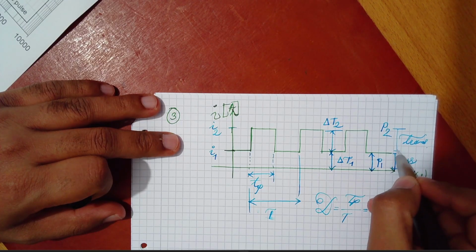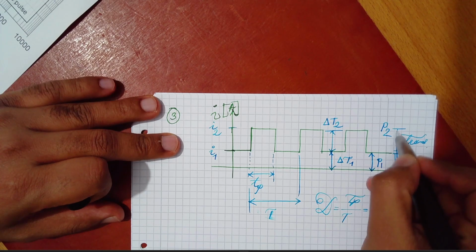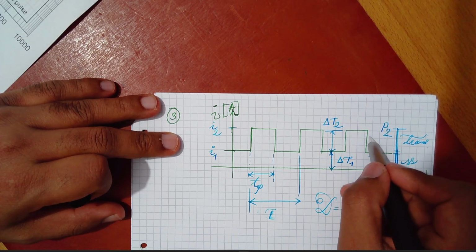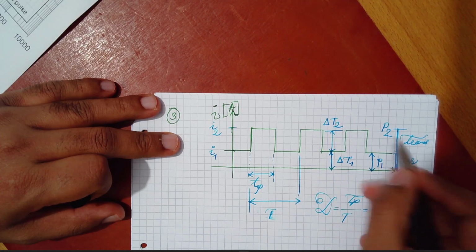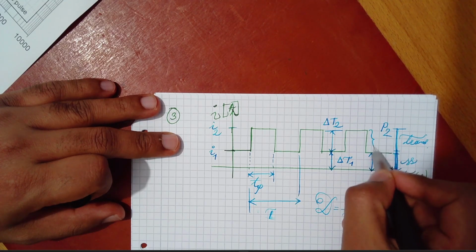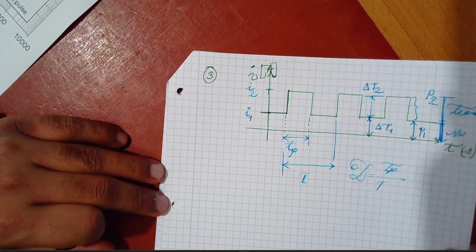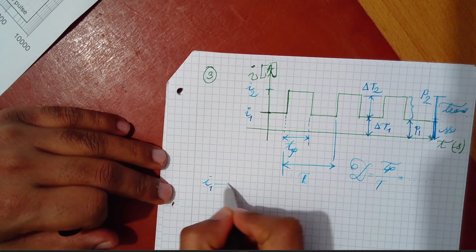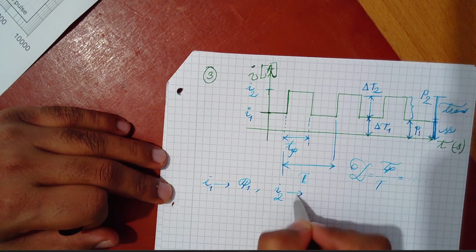Actually, it is from this reference level. So this total is P2. That means for the temperature rise delta T2, we need to consider the difference, P2 minus P1. This would give us the power for this particular part. Say for current I1, we have a power loss of P1, and for current I2, we have a power loss of P2.